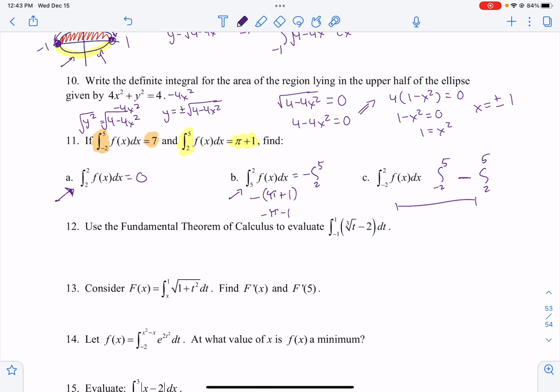If I go from negative 2 all the way to 5, I've got 7. But going from positive 2 to 5, this little piece right here is pi plus 1. So I want to take 7 and subtract pi plus 1, which becomes 7 minus pi minus 1. So 6 minus pi would be my area for part C.